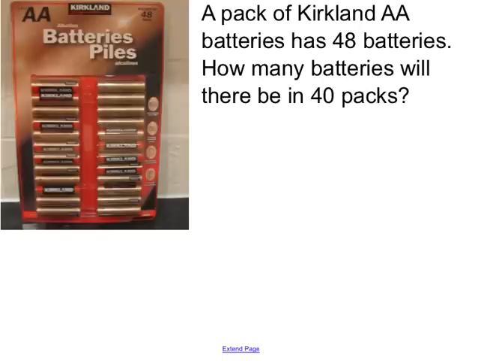A pack of Kirkland AA batteries has 48 batteries. How many batteries will there be in 40 packs? Copy the question and solve in your notebook. Pause the video so that you can copy it and solve. Then when you're done, unpause to go to the next question.